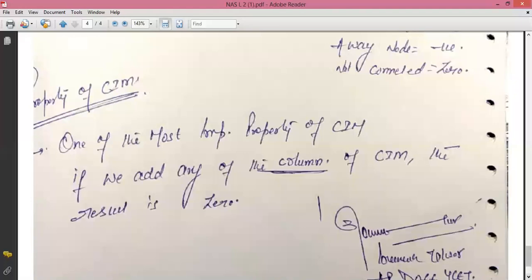Number 2, after constructing the oriented graph, you make the CIM. The CIM is called the complete incident matrix, denoted by capital A, small a, in which row-wise there are branches and column-wise there are nodes. A branch is connected between 2 nodes, and towards the node it is positive, away from the node it is negative, and not connected is equal to 0.